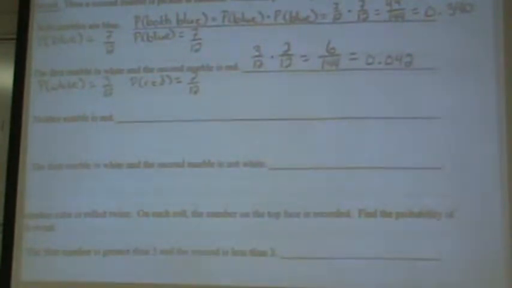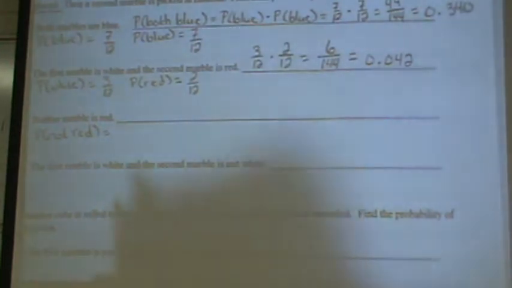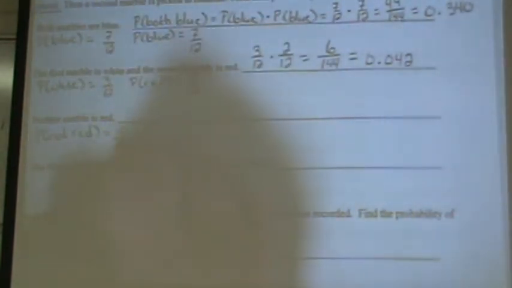Number 7 wants to know the probability that neither is red. So if neither marble is red, they could be either blue or white. So probability not red for the first one. So we have 3 white and 7 blue, so that's 10 out of the 12 marbles. And then again, probability not red for the second draw.